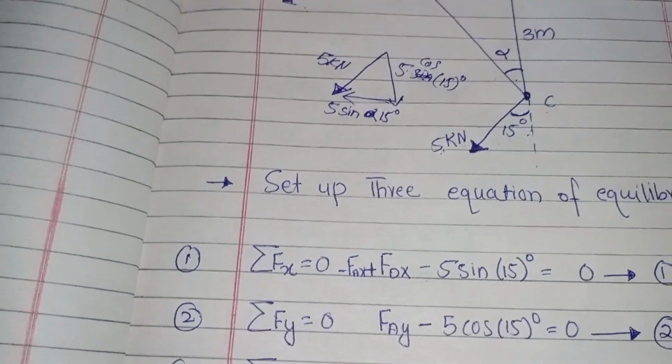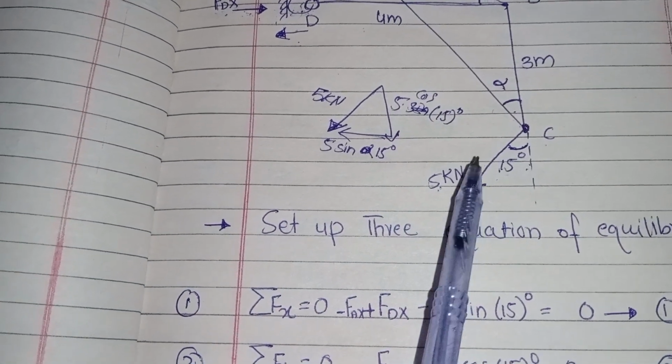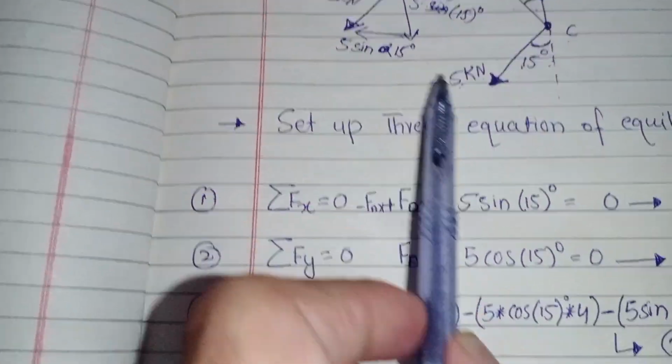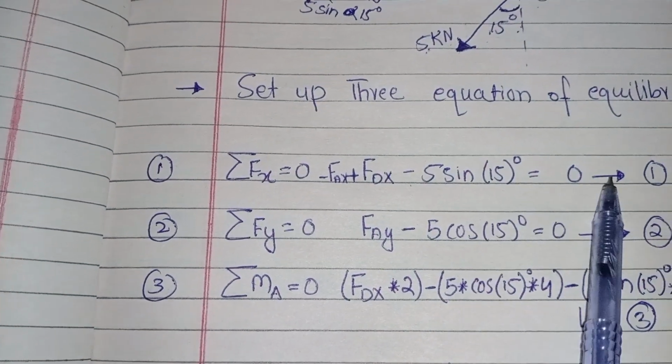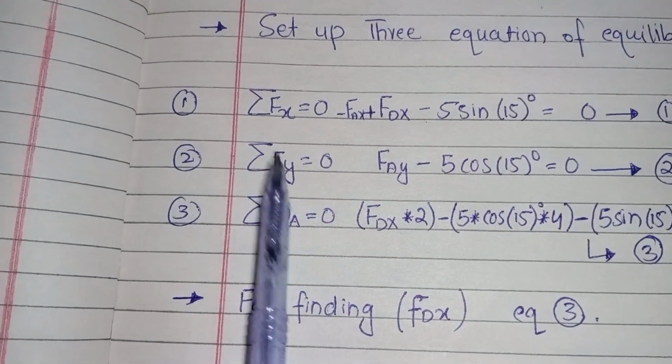So I will write one horizontal component of this force, this is 5 sine 15 degree. Minus 5 sine 15 degree equal to 0. This is equation number 1, and this is equation number 2.